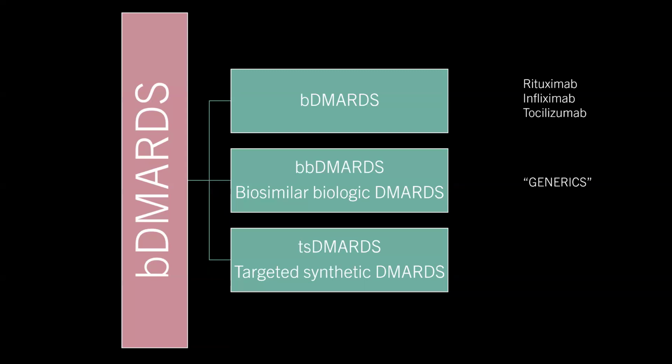Biosimilar biological DMARDs are really just generics of biological DMARDs, so there's very little difference. It's just where the original proprietary drug was created, then someone copies it and creates a generic, but you can't call it the same. It's then called a biosimilar biological DMARD. And then the targeted synthetic DMARDs are things like the JAK inhibitors baricitinib and tofacitinib.